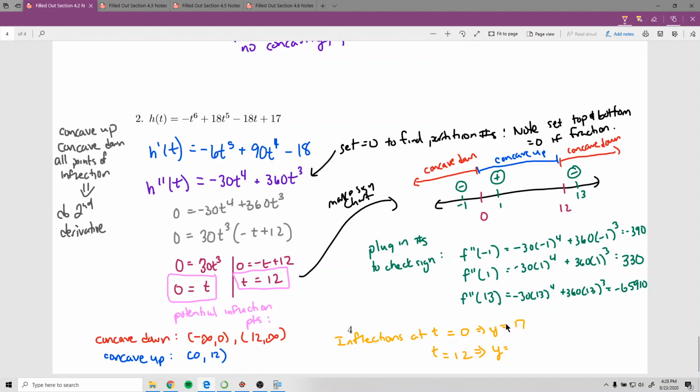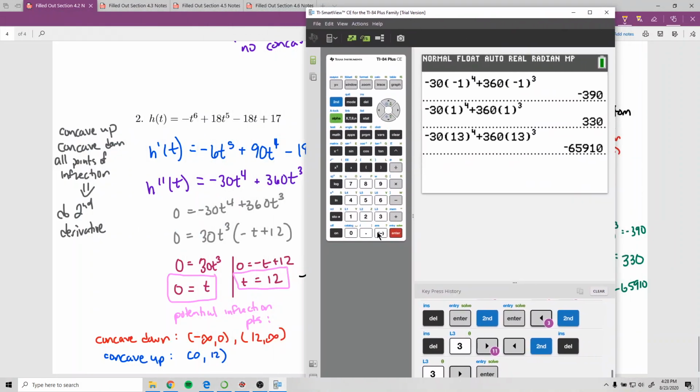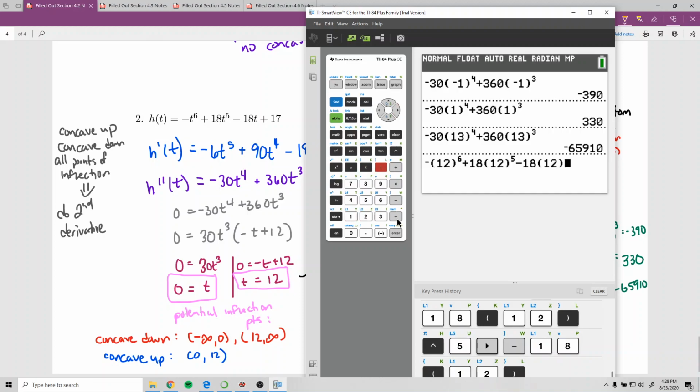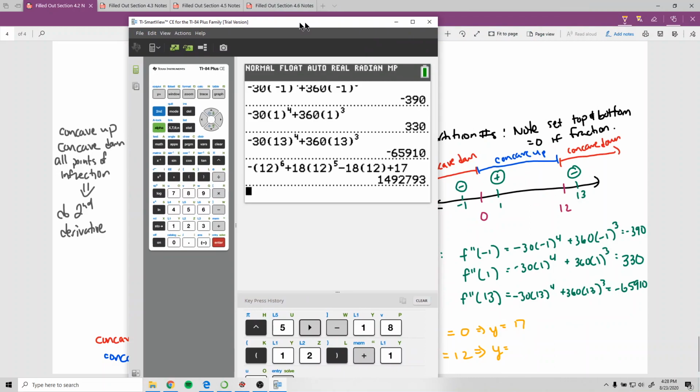But not so nice with 12, so let's plug in 12 to our original. We got negative 12 to the 6th plus 18 times 12 to the 5th minus 18 times 12 plus 17, and a huge number.